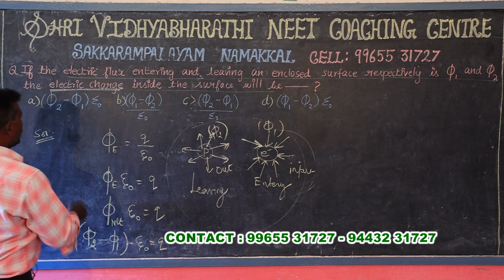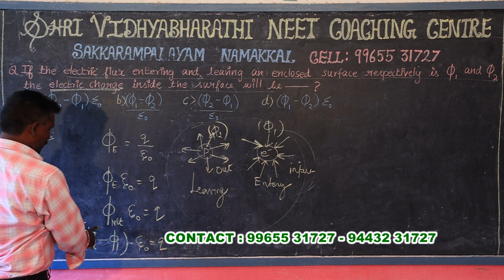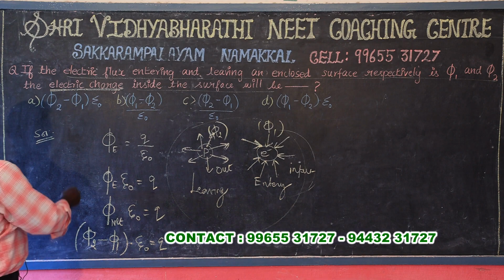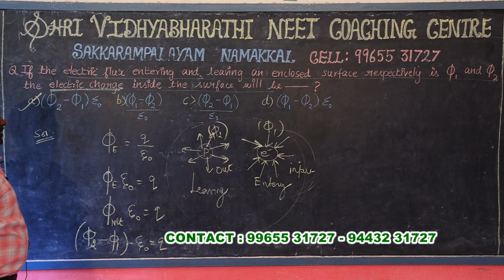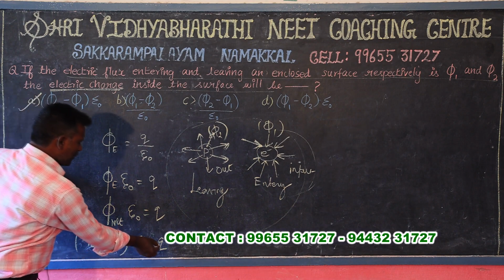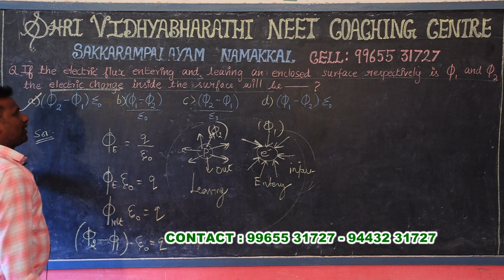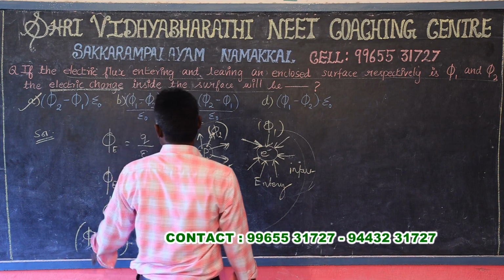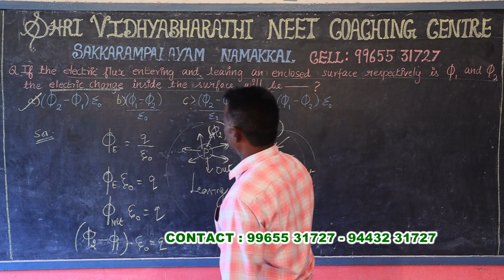So the electric charge Q equals phi 2 minus phi 1 into epsilon naught. This is the correct answer. So option A is correct, because this much charge is inside the enclosed surface.